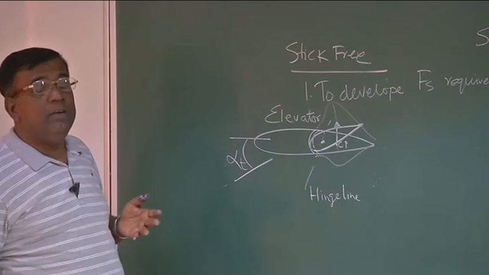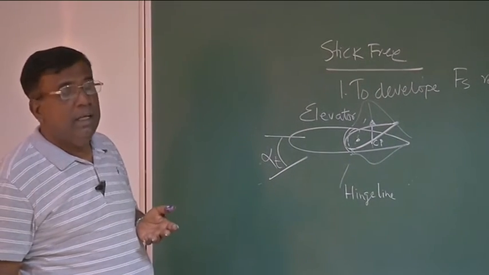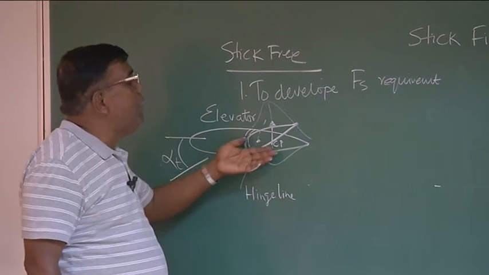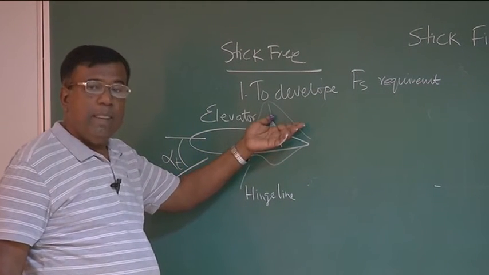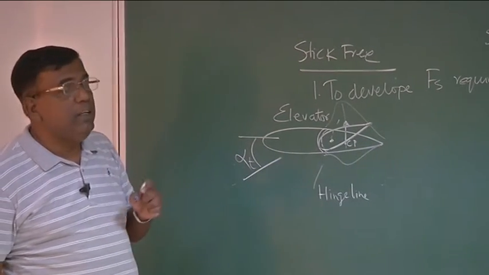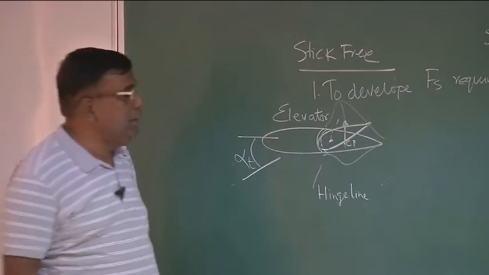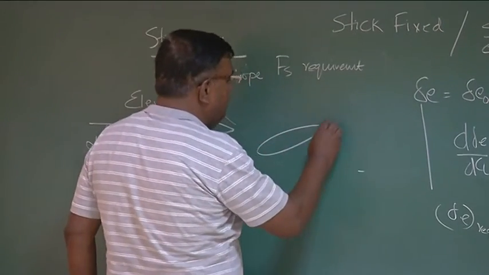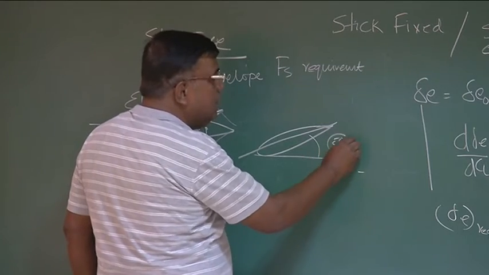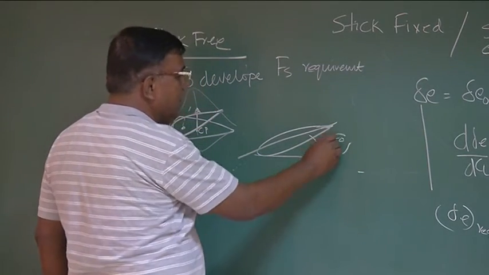So let's say I want to take it to minus 5 degree, and let's say by its inherent nature, it will automatically go to minus 3 degrees. Then basically the pilot has to put effort to take it another 2 degrees. That is, suppose I require 5 degrees, and who decided that 5 degree? Through stick fixed neutral point, say minus 5 degree.